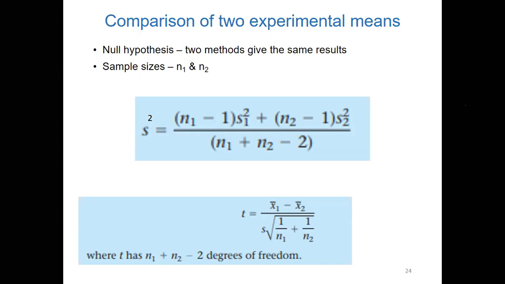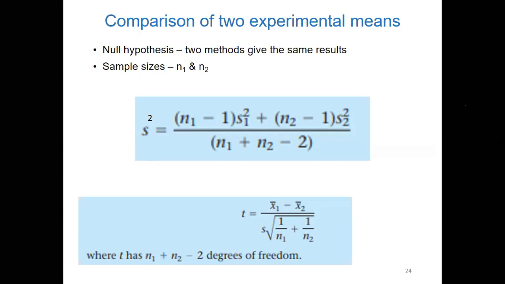There's a small difference when we calculate the degrees of freedom. It should equal N1 plus N2 minus 2. If you remember, earlier the degree of freedom was N minus 1. If the number of measurements is 10, the degree of freedom is 10 minus 1, which is 9. But when we compare two experimental means, the degree of freedom is different.